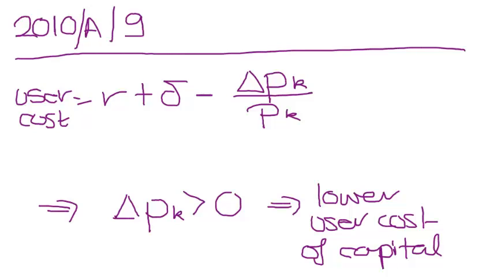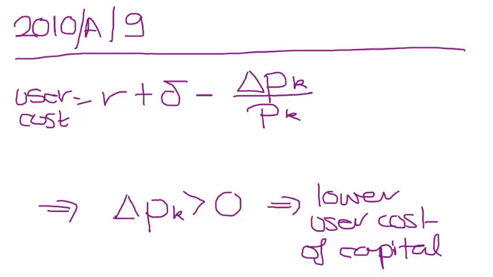Well, think about it. If I bought this unit of capital yesterday when it was relatively cheap, then the user cost is going to be quite low, because today the price is much higher, which means that if I sell it today, I'm going to make a gain because of this increase in its price.